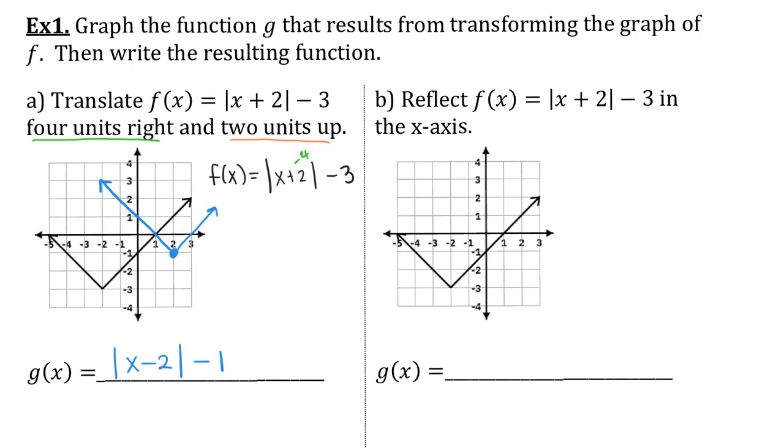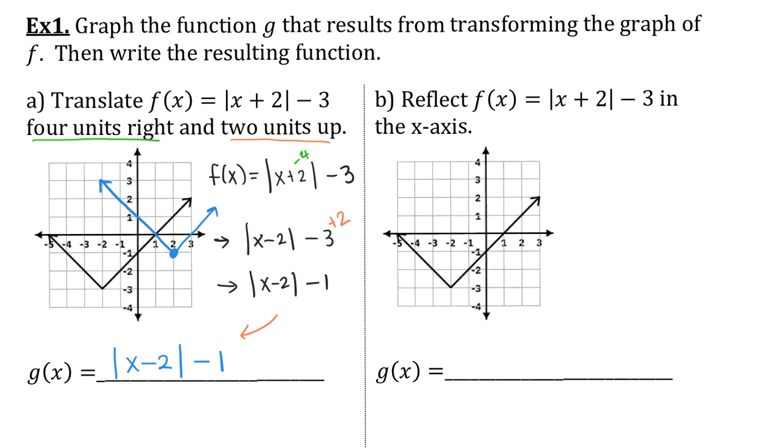It's not f of x anymore actually, so let me not write f of x. Let's do an arrow. So now this is the absolute value of x plus 2 minus 4, which is x minus 2, minus 3. And now I want to go 2 units up. If I want to do 2 units up, what am I doing? Adding 2 to the end. So now I got the absolute value of x minus 2 minus 3 plus 2 gives me minus 1, which is how I got to this answer without doing the graphs.